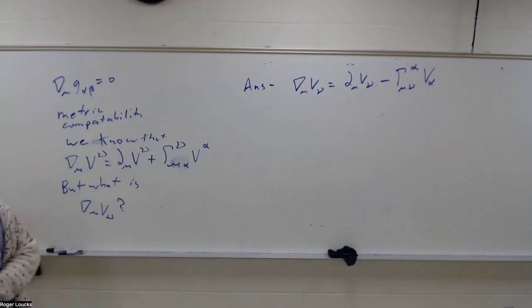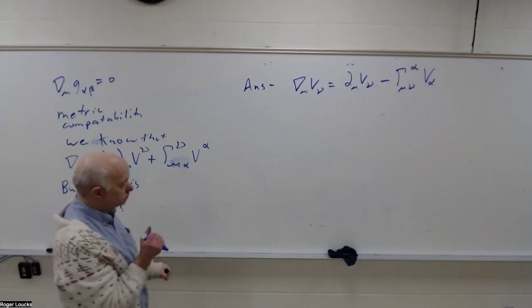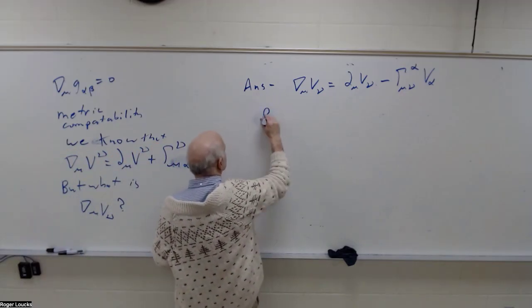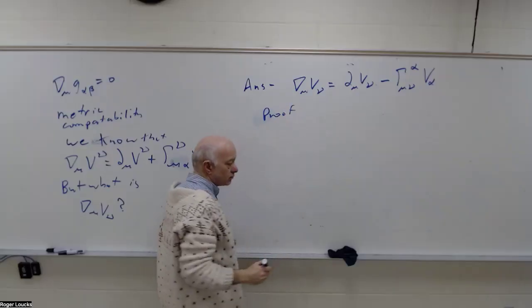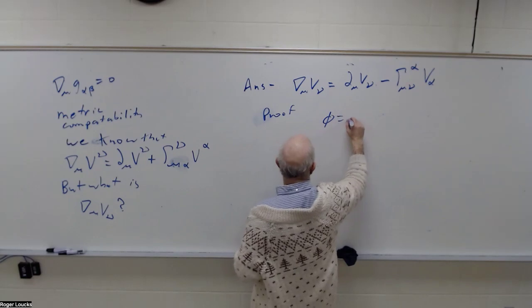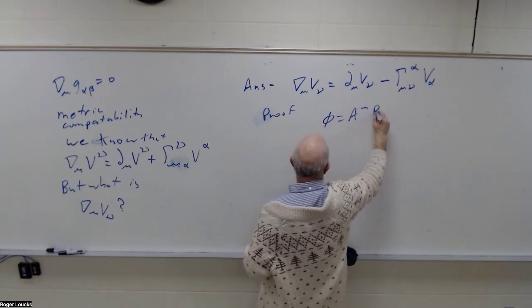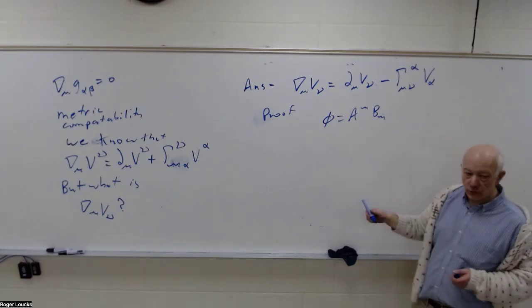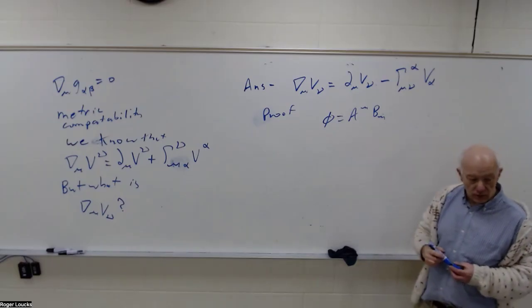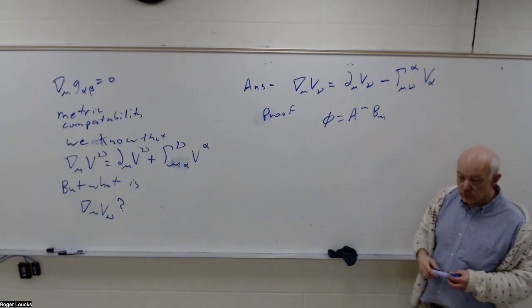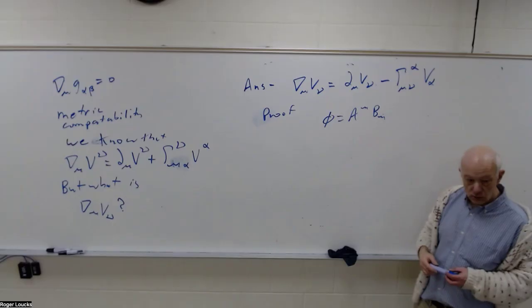And the proof comes from this. I'm going to call phi to be this. If I take a contravariant four vector and contract it into a covariant four vector, I'm left with a scalar under general coordinate transformation.